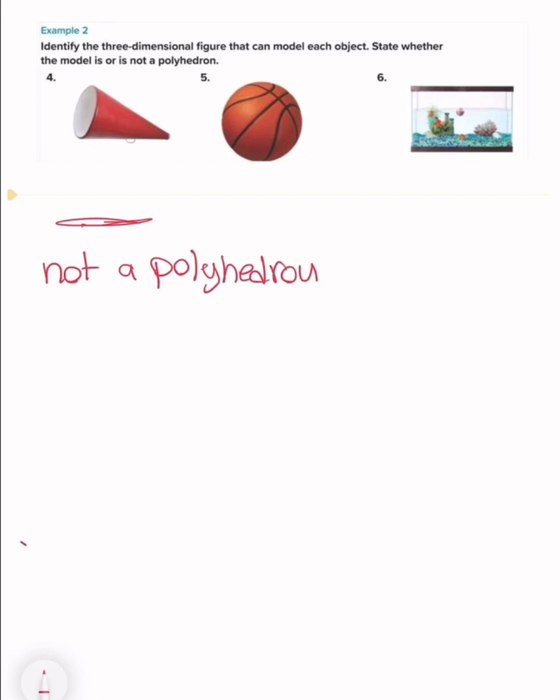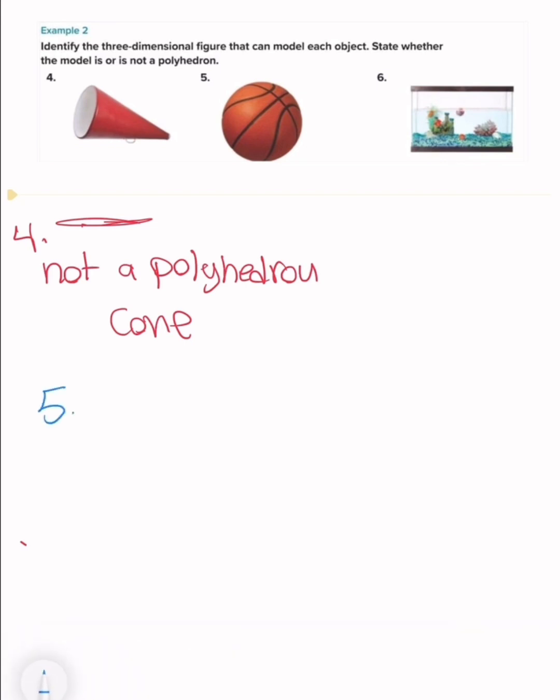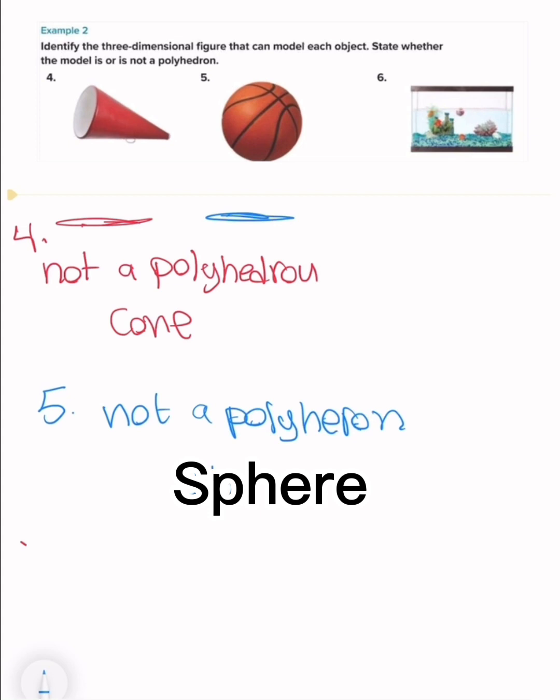And what is the shape of this? The shape of this, number 4, don't forget, is a cone. Number 5, let me change the color. Number 5, this shape, it is not a smooth surface, so it is not a polyhedron. And what is the shape of this? Sure.